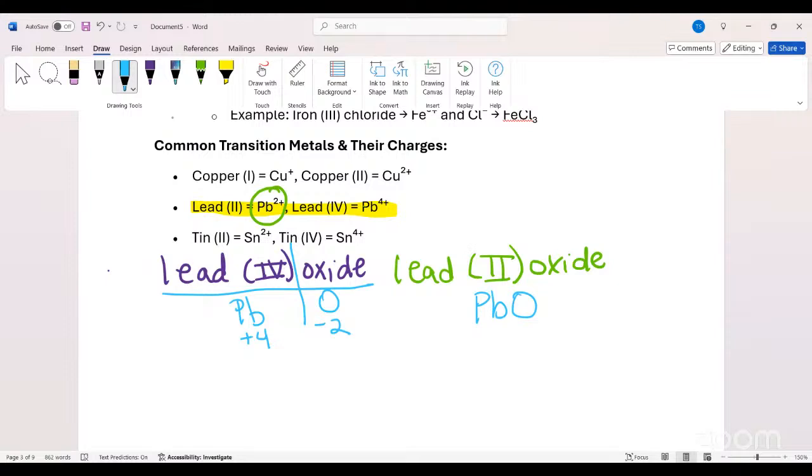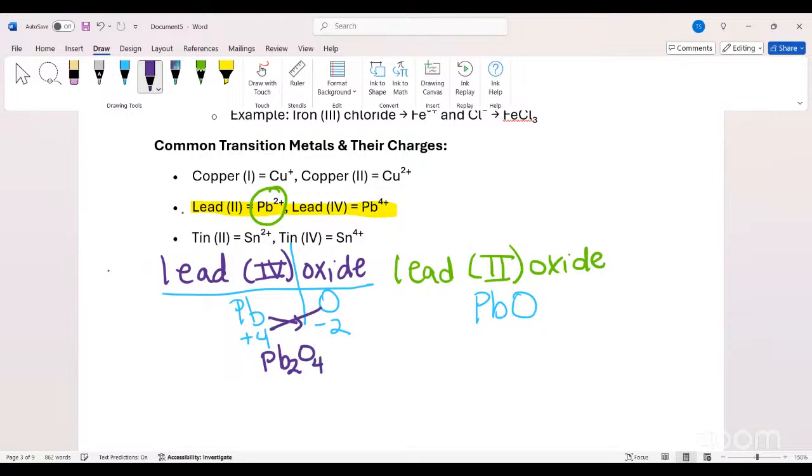Okay. So now I see 2 different answers in the comment box. Thank you, Gio. You're both right, but let me tell you why on a technicality. Remember how I said they're going to swap? Pb gets the 2. Oxygen gets the 4.